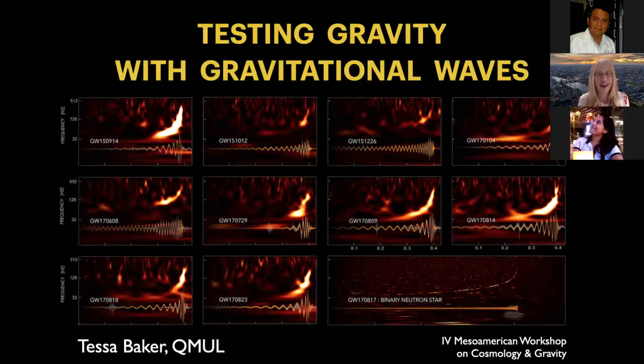So today I'm going to tell you about how we can use all the excitement of the past few years surrounding gravitational wave astronomy to test the laws of gravity on cosmological scales. And thanks to the fantastic organization of this workshop, both Jackson and Jutta have introduced lots of concepts that I needed already.